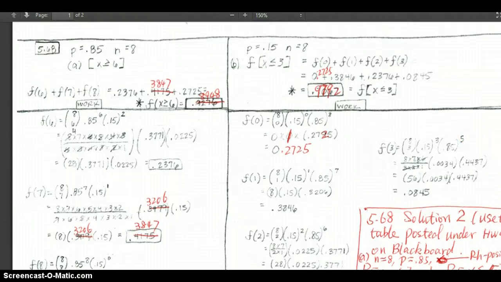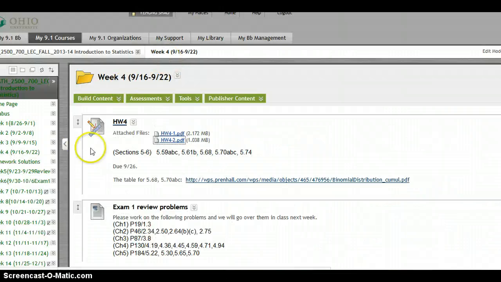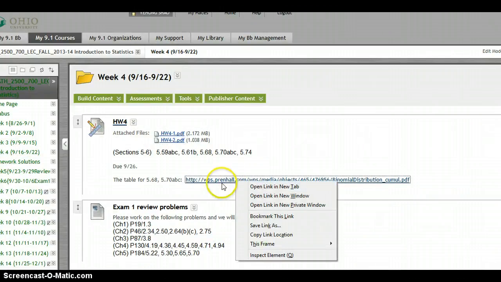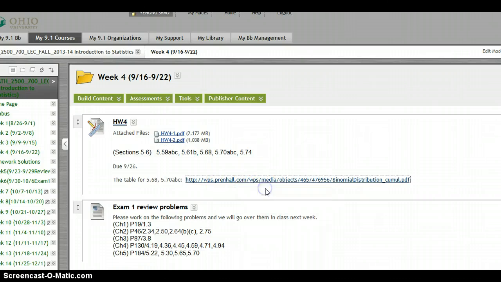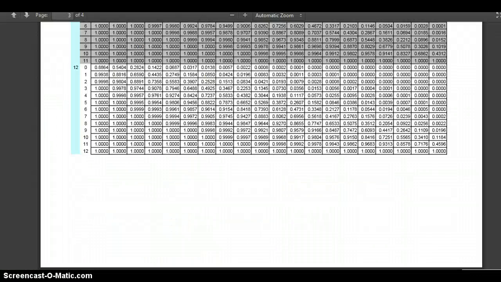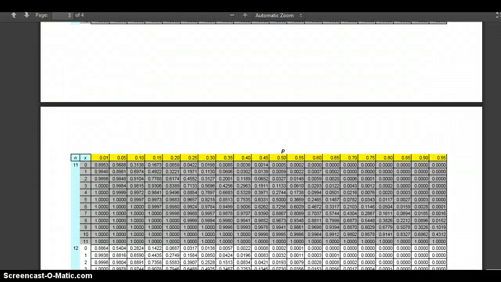But we have a quick way to do this problem. We can use the table given in the homework. Under week 4, homework 4, I have a link to a table. You can open the link, and this is the table.